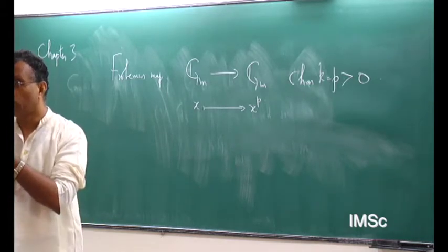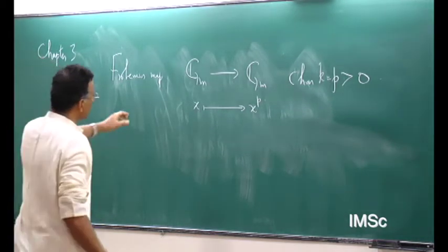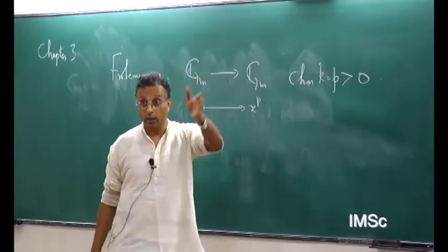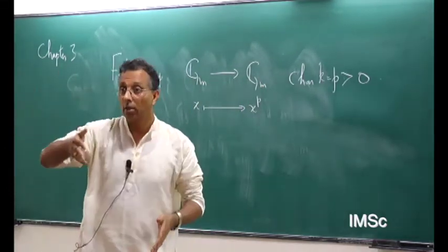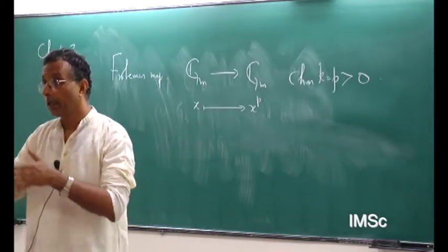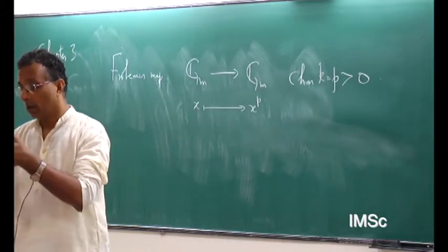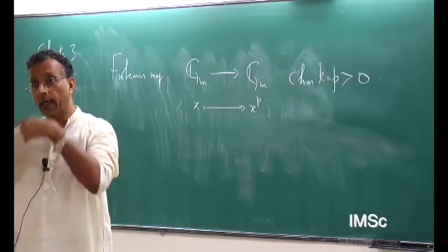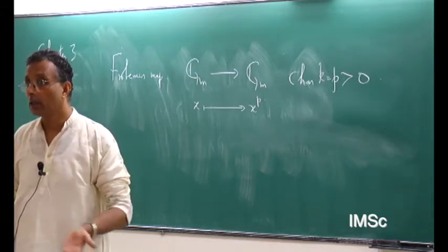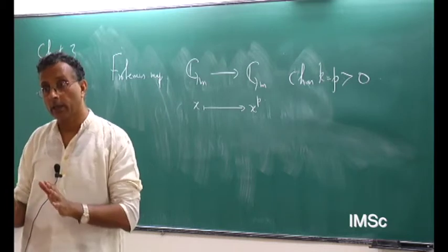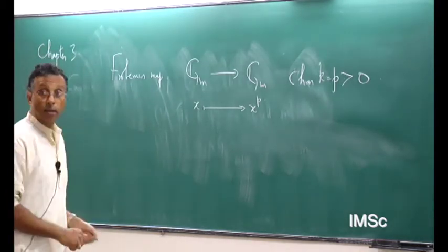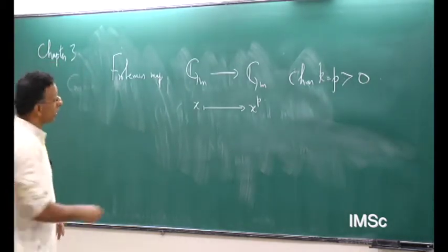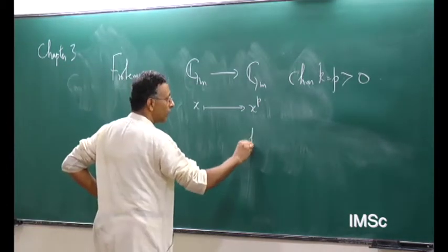It's onto because if you are in an algebraically closed field, everything has a pth root. It's one-to-one because if x to the p equals y to the p, that will give you (x minus y) to the p equal to 0, which means x equals y. So it's a bijection.